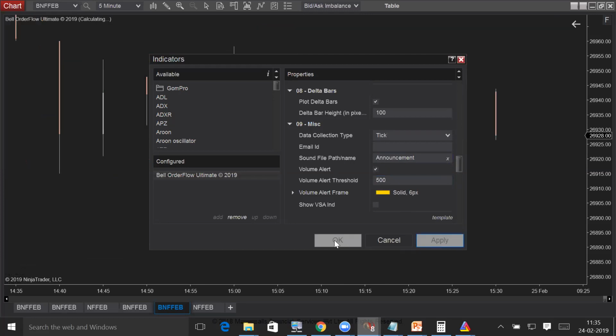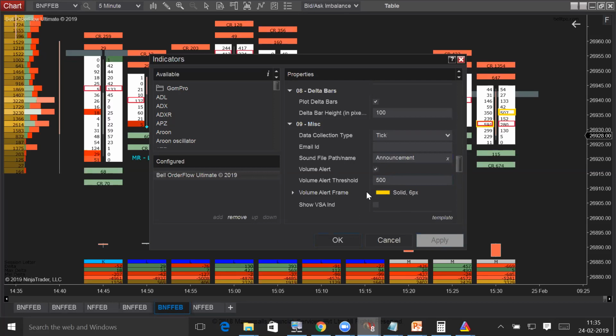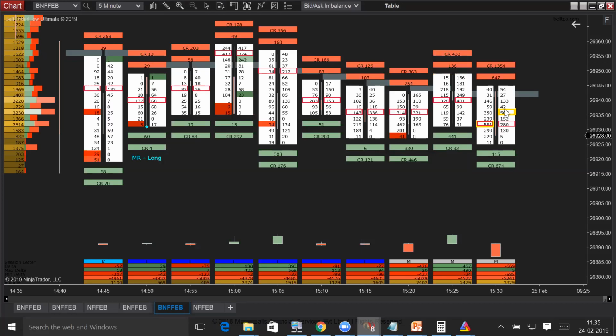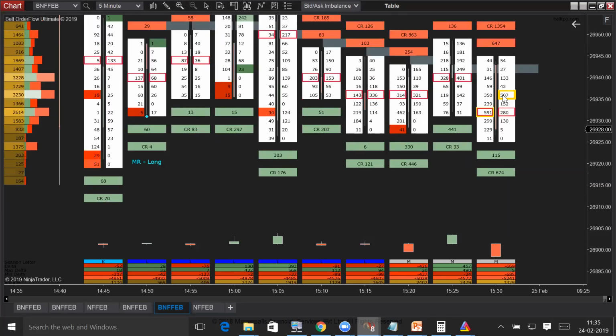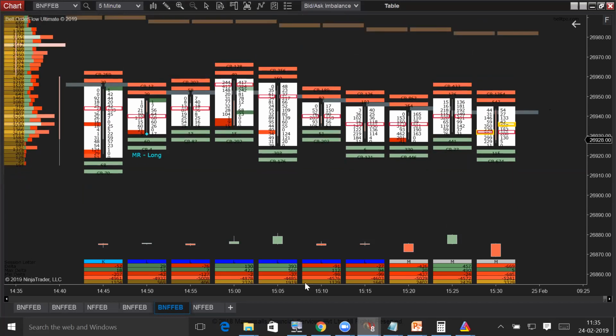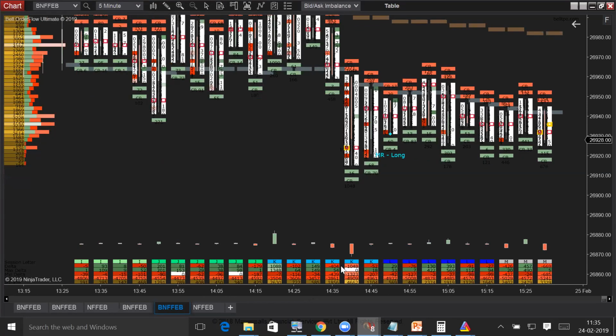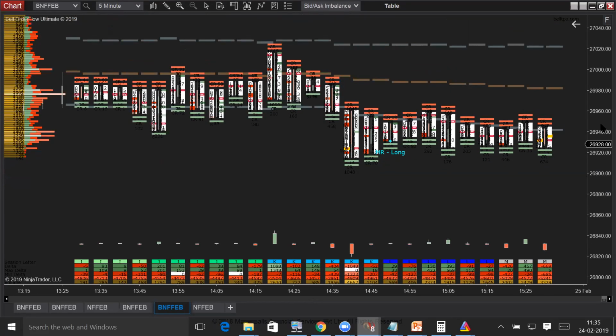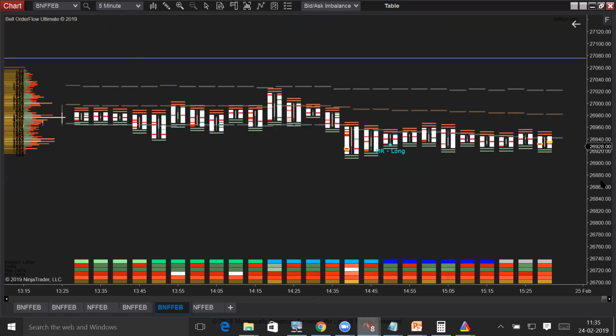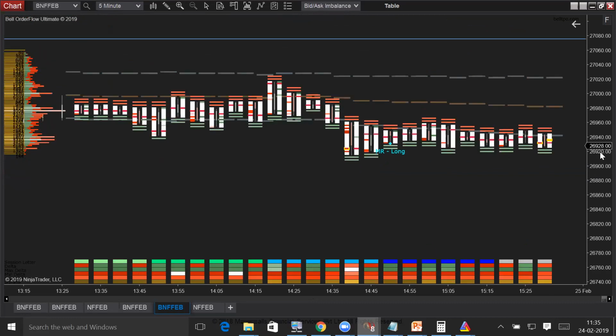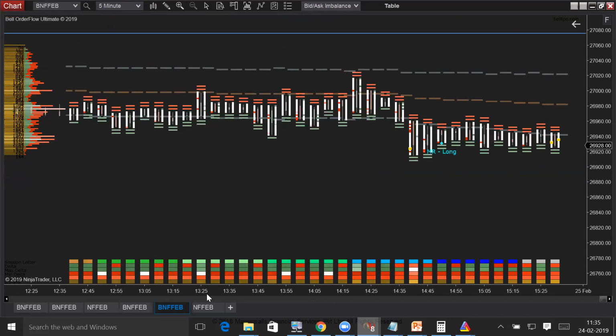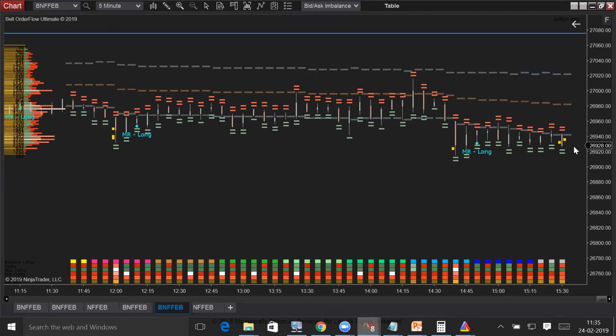The moment I apply and enable that volume alert, by default it will not be enabled, wherever 500 lots are getting traded, you see that it gets highlighted with a yellow colored box surrounding that volume. If you compress the chart, you'll see there are places where such high volumes are happening, a lot of blocks over here.